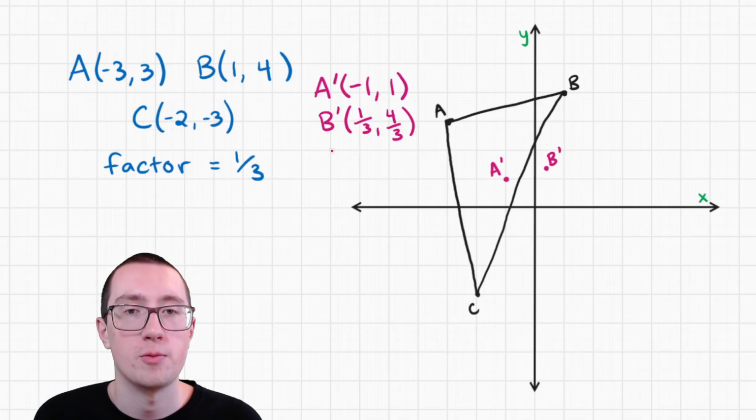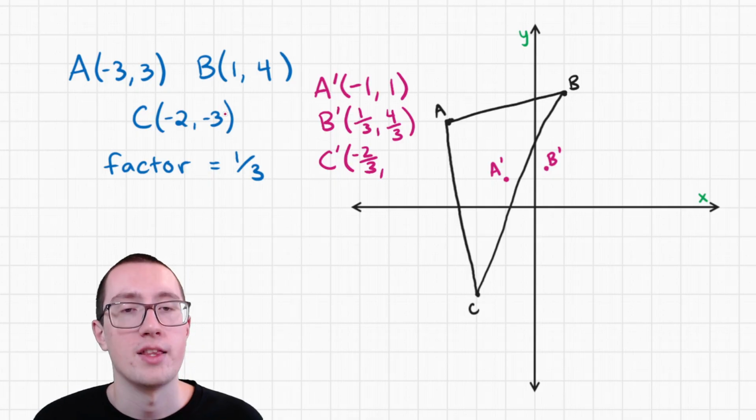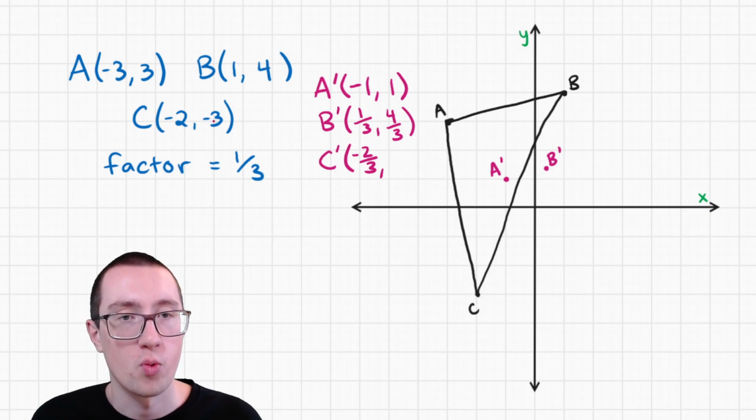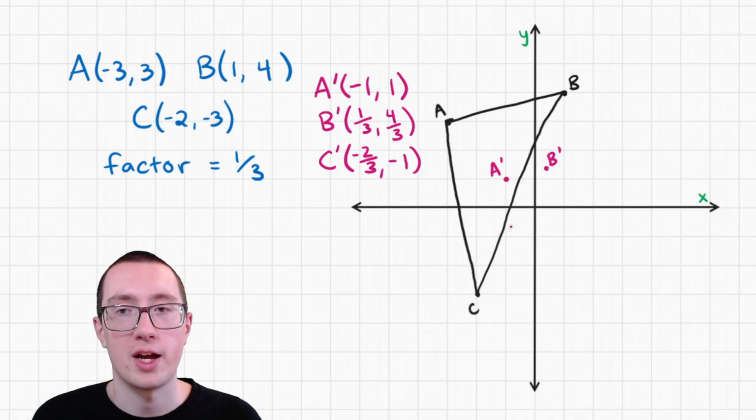And finally, let's go ahead and plot C prime. So -2 divided by 3, you can't simplify that, so it's going to stay as -2/3. And then -3 divided by 3, we can simplify that because 3 divided by 3 is 1. And we have 1 negative sign, so the negative sign is going to stay. So let's go ahead and plot this. We have -2/3 for x.